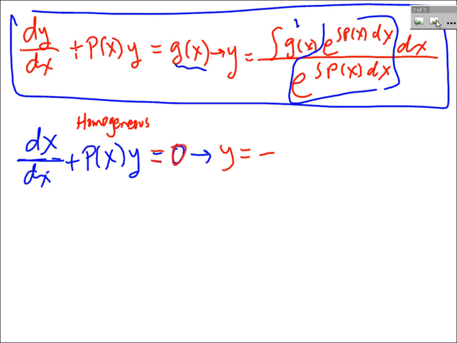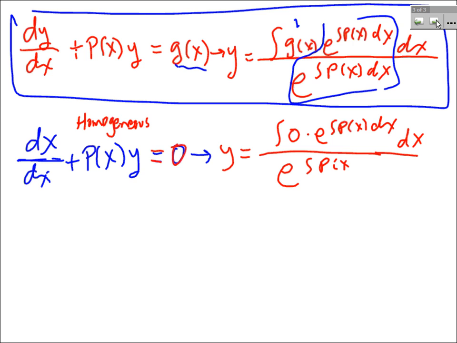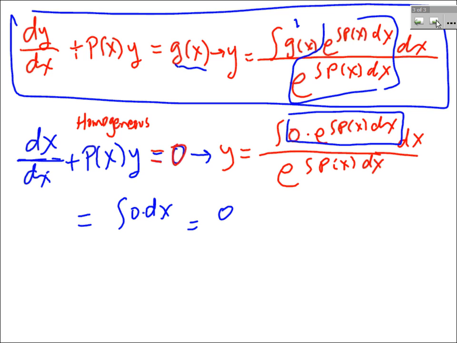So y is equal to the integral of g of x, which is 0, times some other stuff, which is well defined. Zero times e to that integral is 0. The integral of 0 dx is 0. But that's not true.